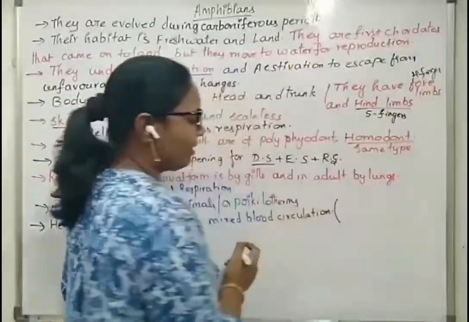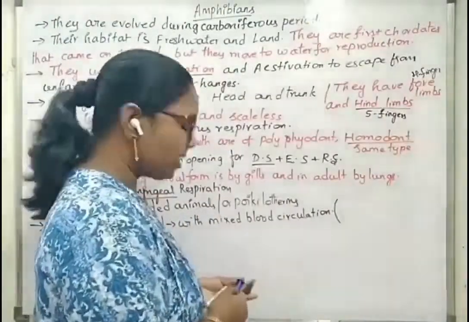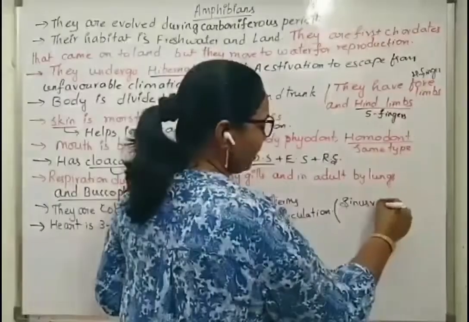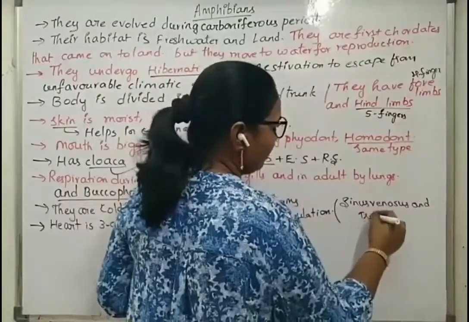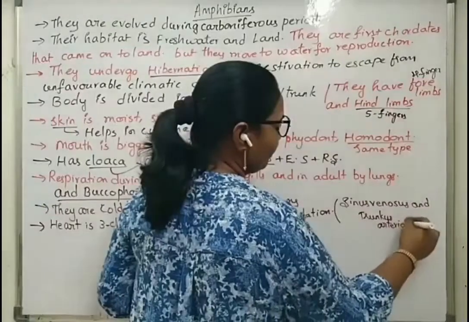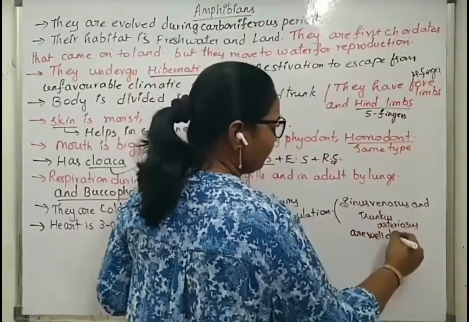So here in case of amphibians, sinus venosus and truncus arteriosus are well developed.